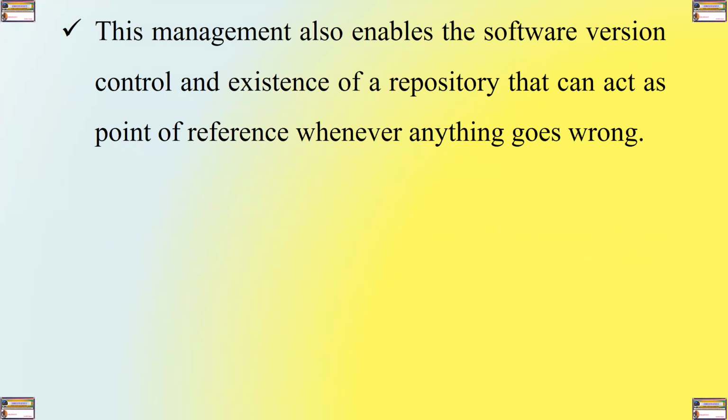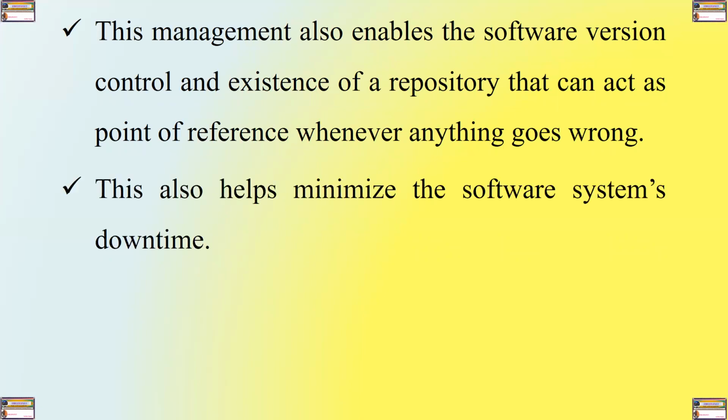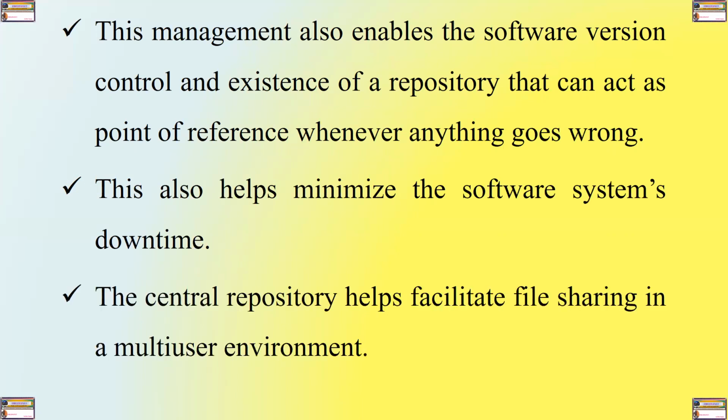This management also enables the software version control and existence of a repository that can act as a point of reference whenever anything goes wrong. This also helps minimize the software system's downtime. The central repository helps facilitate file sharing in a multi-user environment.